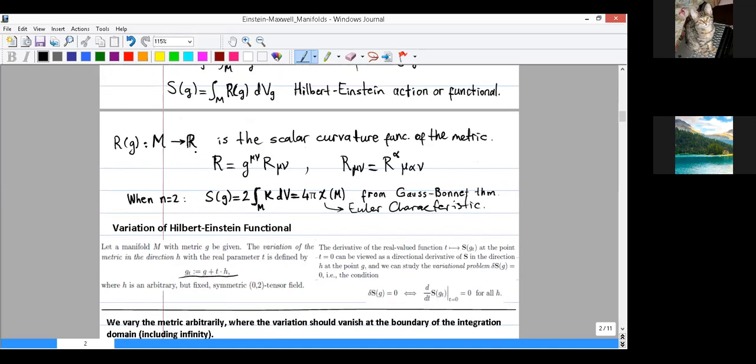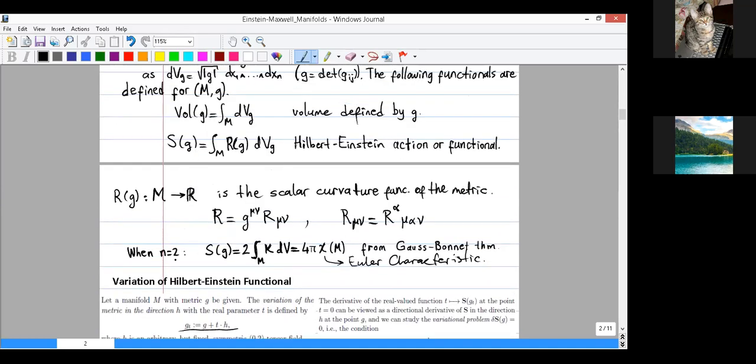As a special case, when the dimension equals 2, this action becomes this integral equation. Here, this comes from the Gauss-Bonnet theorem, and as you remember, 2K is R for dimension 2. K is the Gauss curvature.